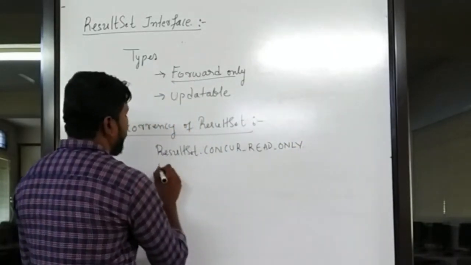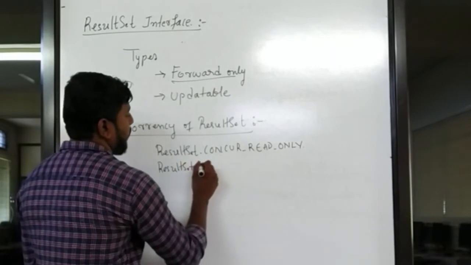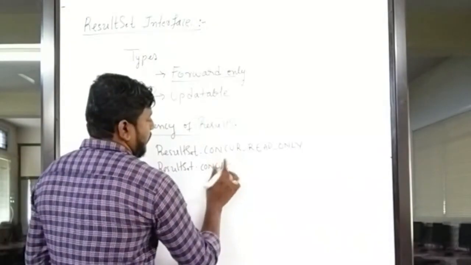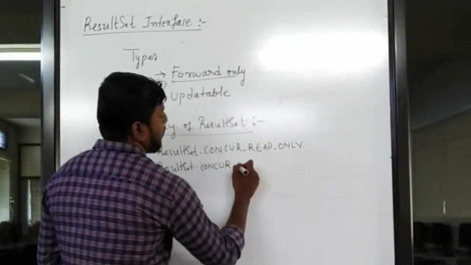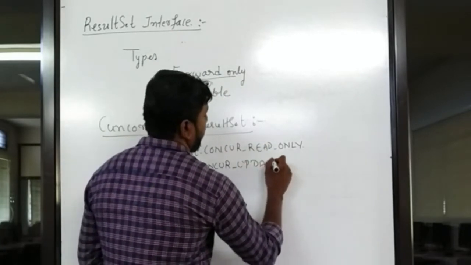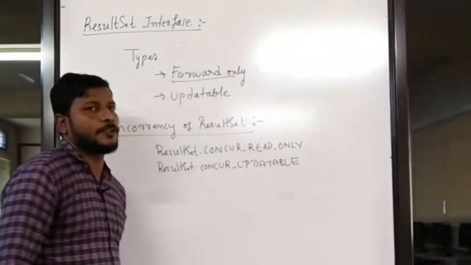Then one more you can use is ResultSet.CONCUR_UPDATABLE. These values you should specify.